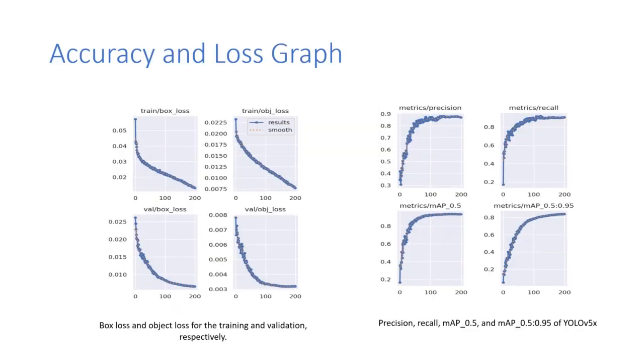Next, here is the accuracy and loss graph to gain deeper insight into our model performance metrics. These graphs showcase the box loss and object loss for both the training and validation phases, providing a visual representation of the learning dynamics.